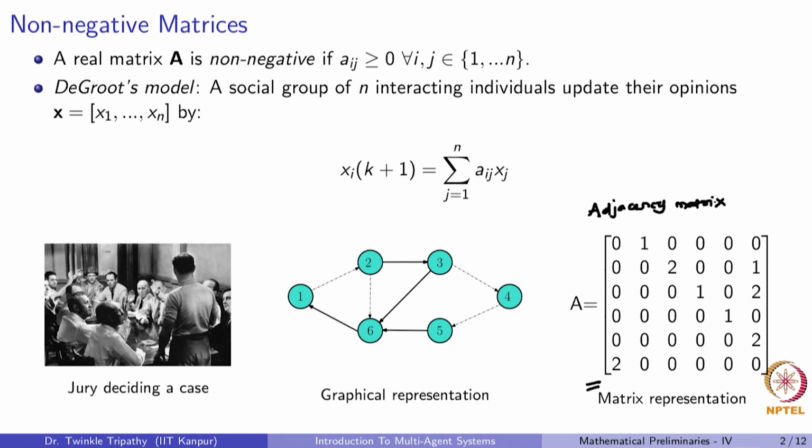The adjacency matrix simply gives us an idea of which two individuals within the network are communicating with each other. How does it do that? It is an n cross n matrix, where n is simply the number of nodes or individuals in the group.